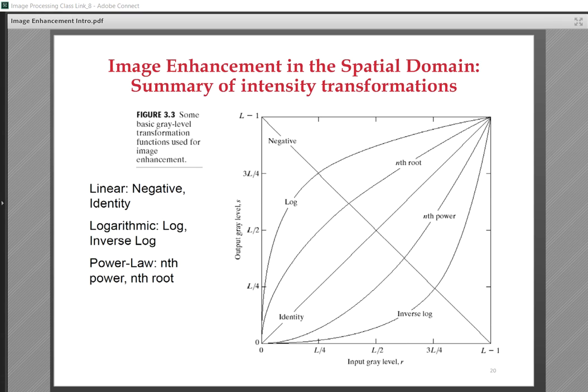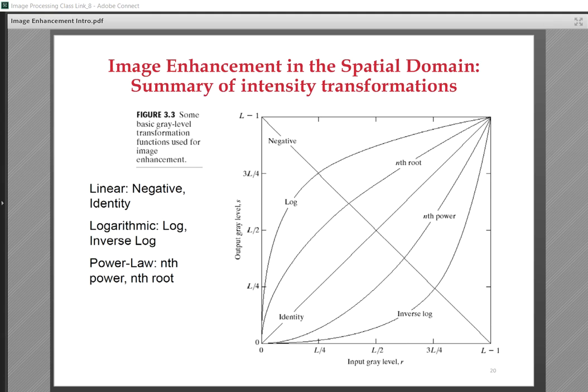Here you see the horizontal axis is the input gray levels, from dark to bright, full brightness, and this is the output gray levels, or output intensities. For example, this line is the identity line, that means no change: each r is transformed to s equal to r, no change.